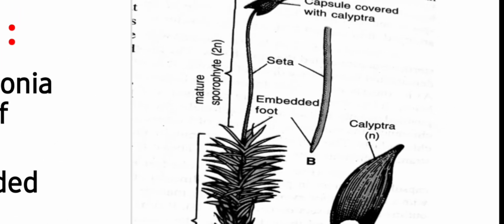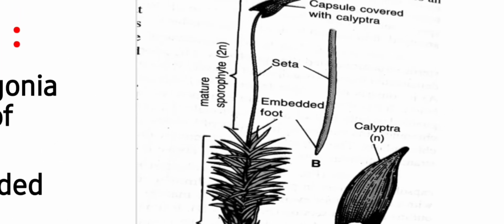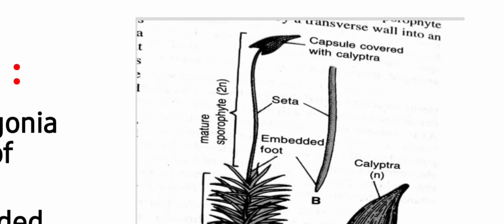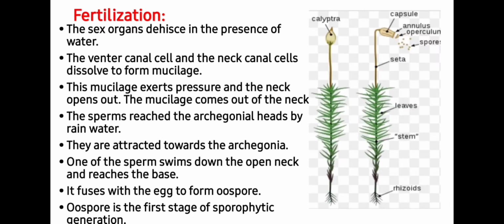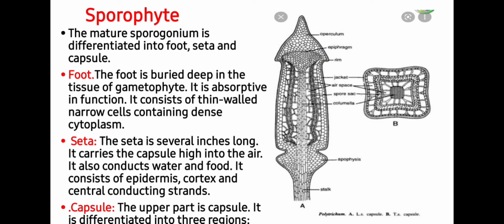You can see here the embedded foot, deeply embedded in the gametophore. Then is the seta. The seta is several inches long and it carries the capsule into the air. So its main function is conduction of food as well as helping in dispersal by placing the capsule in the dry air. It consists of epidermis, cortex and a central conducting strand.